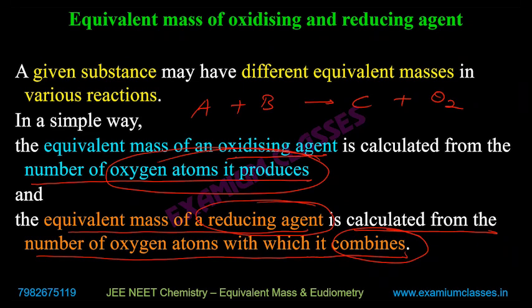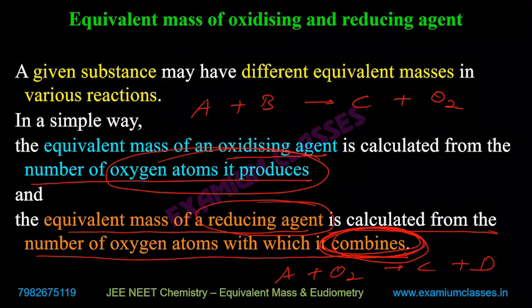And if it is something like A plus O2 gives C plus D, it means here oxygen is combining. So in such reactions, you will be asked to calculate the equivalent mass of the reducing agent. Reducing agent gets oxidized, and oxidation is addition of oxygen to a compound. Addition of oxygen to a compound is oxidation. It means this is the reducing agent.